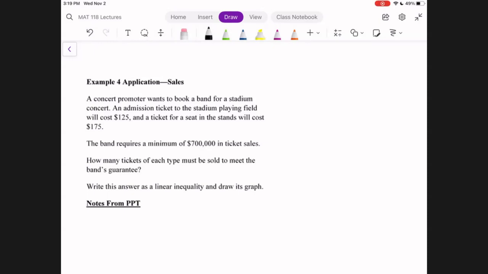That you're either at that value or it's larger than that, right? Kind of like the minimum age to purchase, let's say, alcohol, 21, right? So your age has to be greater than or equal to 21. Okay. So it says how many tickets of each type must be sold to meet the band's guarantee. Write this answer as an inequality and draw its graph.